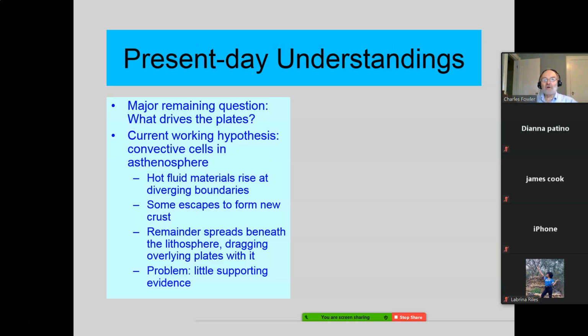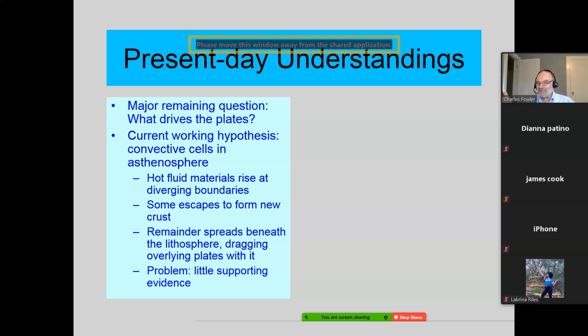If you've got that turbulent flow going, that hot fluid could be rising at the diverging boundaries and moving outward and pulling those diverging boundaries further apart. Some of it escapes to form new crust, and other parts spread beneath the lithosphere, dragging the overlying plates with it.